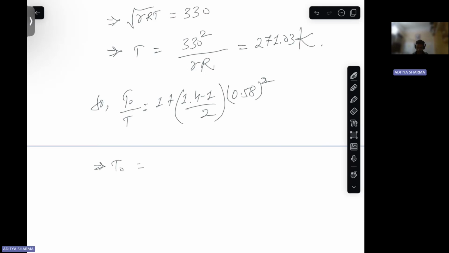So T naught is equal to 271.03 into 1 plus 0.4 by 2 into 0.58 square.